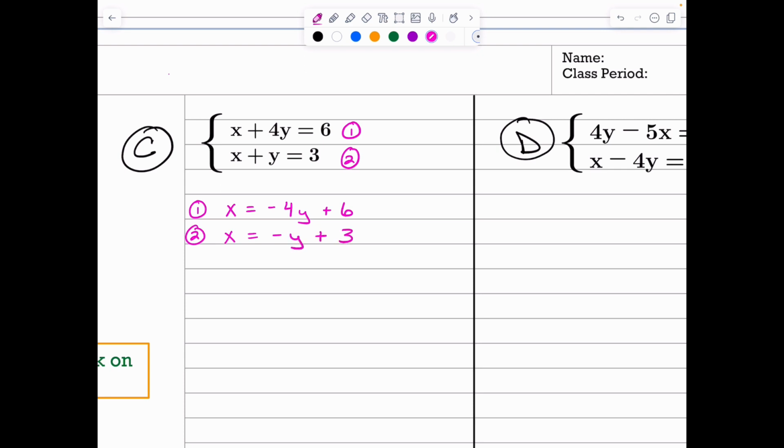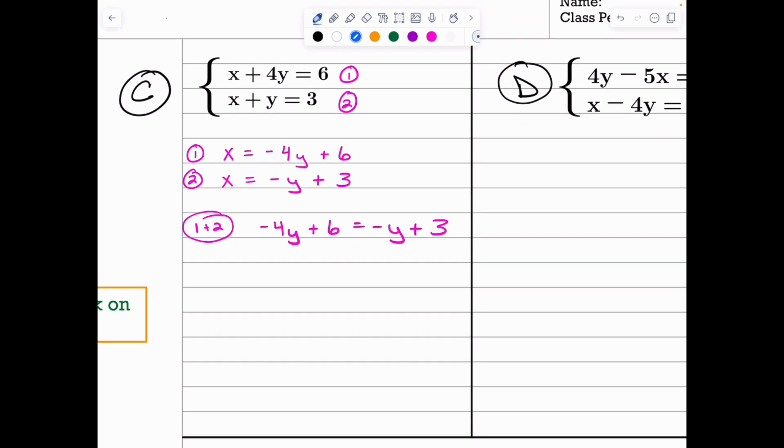So now I've got both of my equations solved for x. So x is equal to this, and x is equal to that. I can put those together, equations 1 and 2, so that I have negative 4y plus 6 is equal to negative y plus 3.